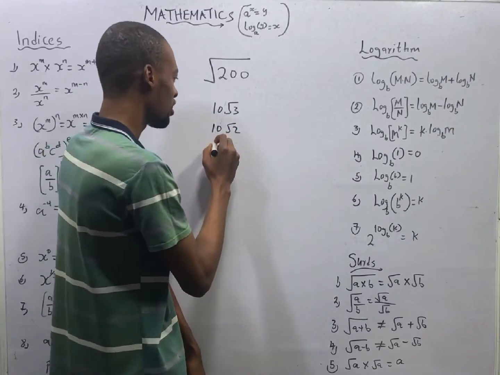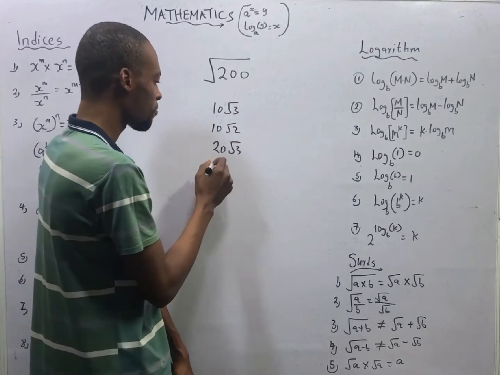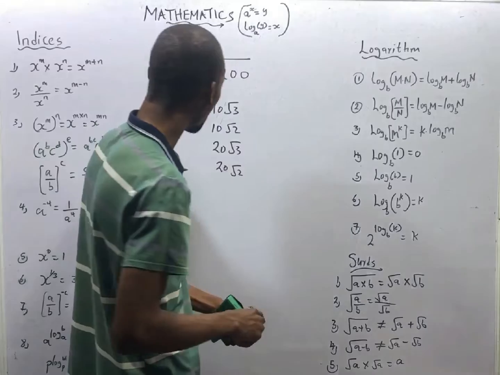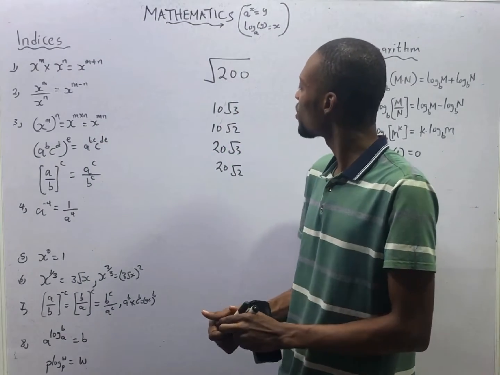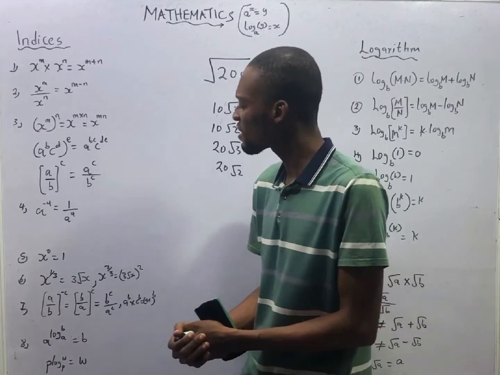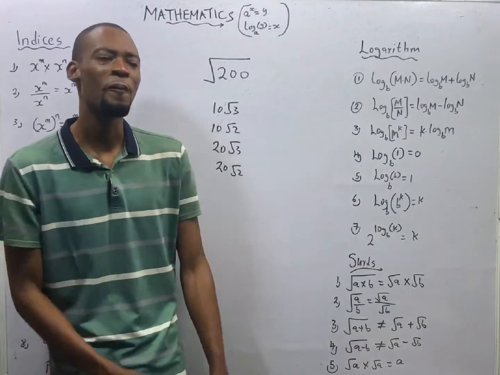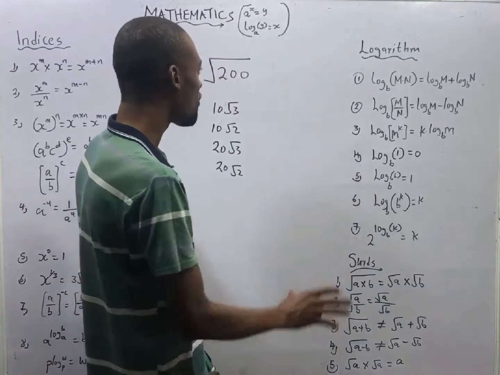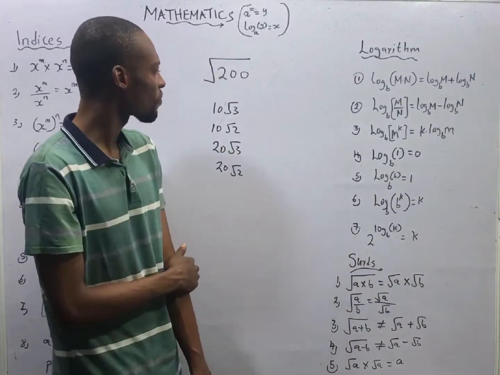Option C, 20 root 3. Option D, 20 root 2. They begin to wonder, what is 10 root 3? What is 10 root 2? Which of them is correct? Especially in a situation where you don't have a scientific calculator. What do you do? That is where the knowledge of indices, logarithm, and surds comes into play.